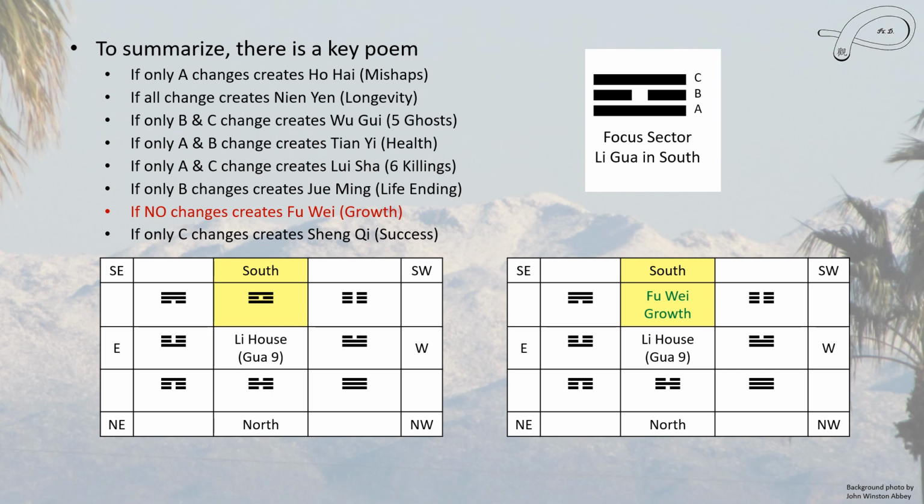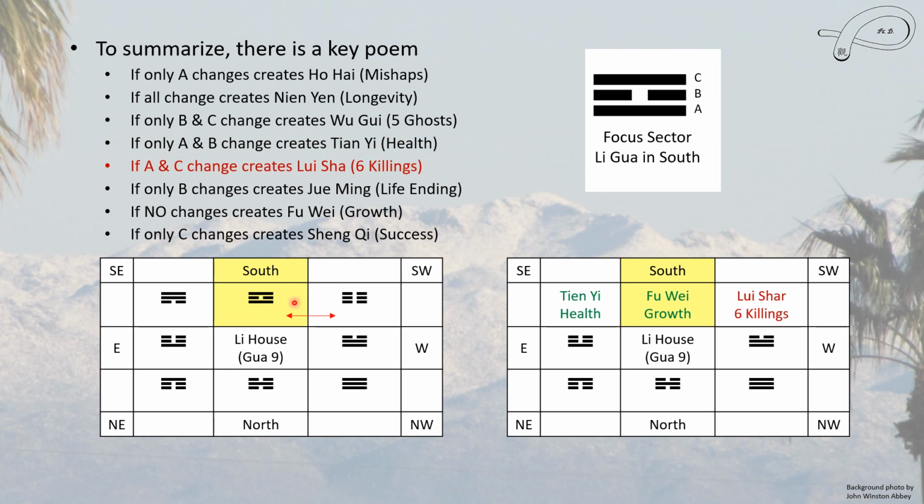Very simple. Now I'm going to go across in rows, comparing these two. What changes? The bottom line changes, that's A, so does the middle, so B changes. So A and B change, which creates health, and that's how you fill it in.